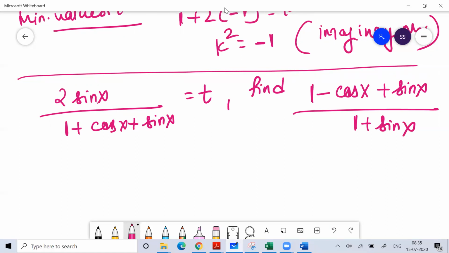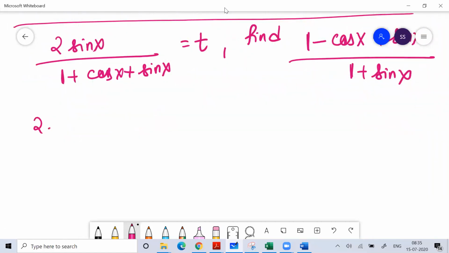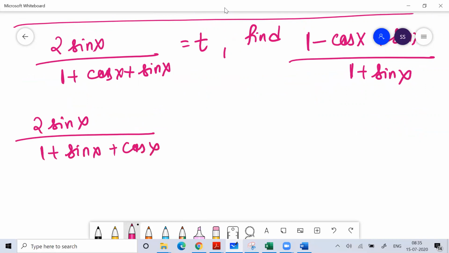So what I can do for them is write 2 sin x over 1 plus sin x plus cos x. Rationalize this: multiply both sides by 1 plus sin x minus cos x.